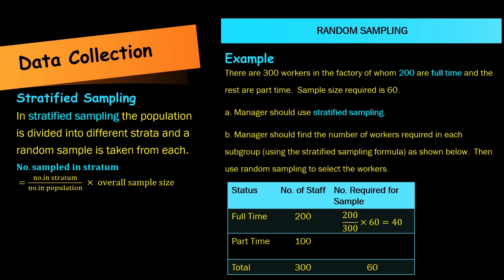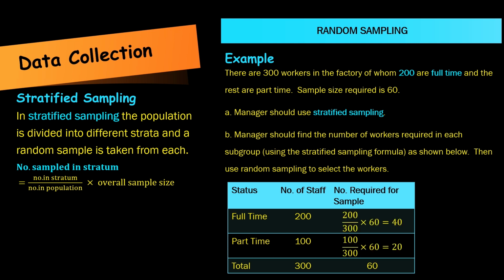Therefore, the number of full-time staff required in our sample is 200, which is the number in the stratum, divided by the number in our population, which is 300, multiplied by the overall sample size, which is 60. And calculating this gives us 40, so there will be 40 full-time staff in our sample.